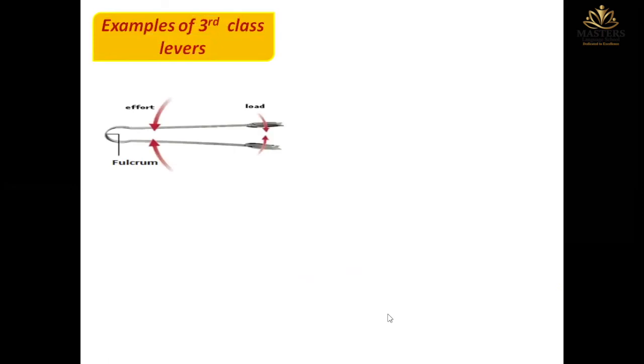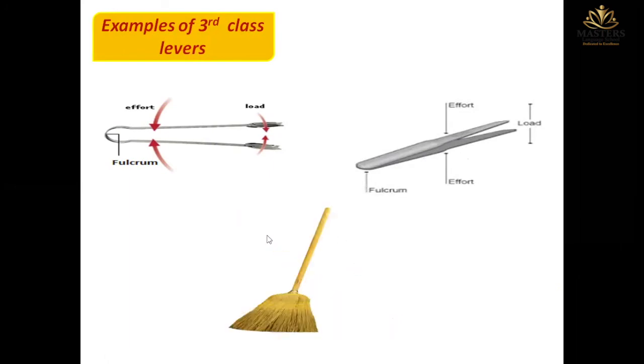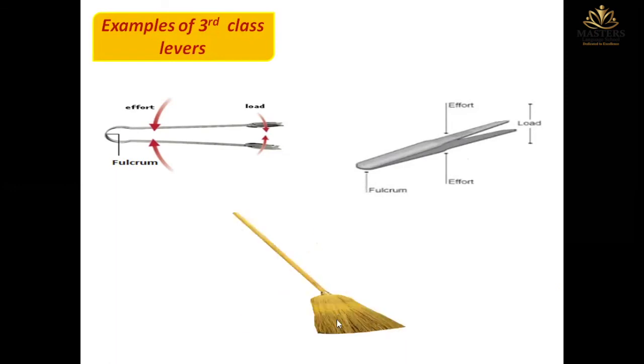From the examples of the third-class levers, the ice holder, which has the effort force between the fulcrum and the resistance force, and also the tweezers. Both the ice holder and the tweezers are composed of two third-class levers. And finally, from the examples of the third-class lever, this is the manual broom.